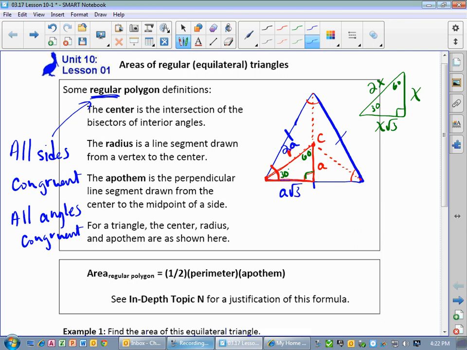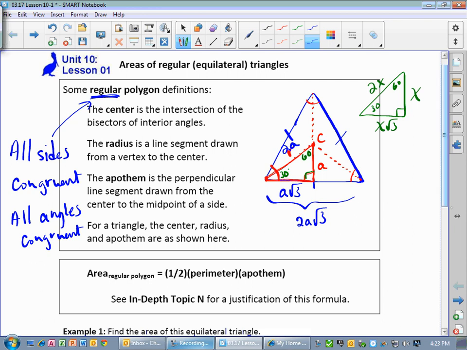So there's a relationship between the apothem and the radius, as well as the apothem and the side length. The side length is actually 2A square root of 3, twice that long. Or you can think of this leg right here as half of the side length.